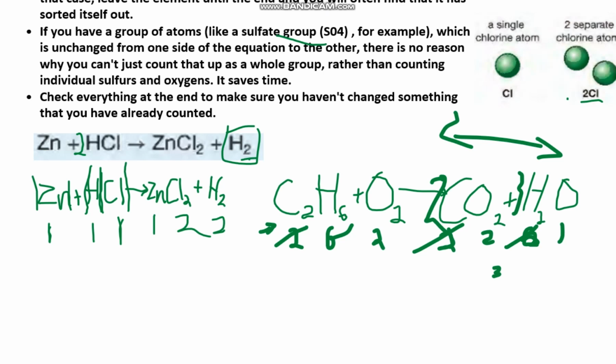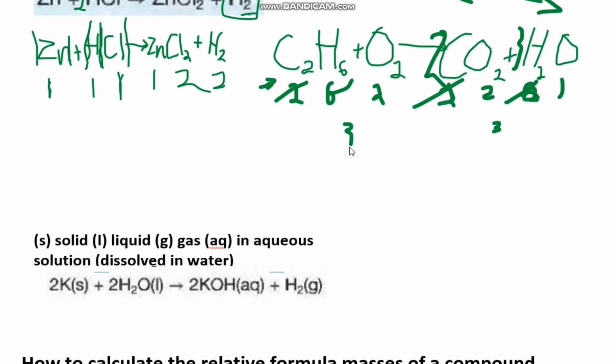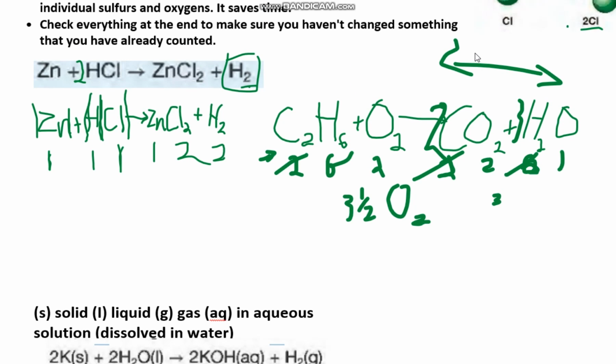Now the thing is that you have to allow yourself to have halves in your equation. 7 oxygen atoms O is the same as 3.5, so you have to add 3.5 O2, and your reaction is balanced in a very simplified form.